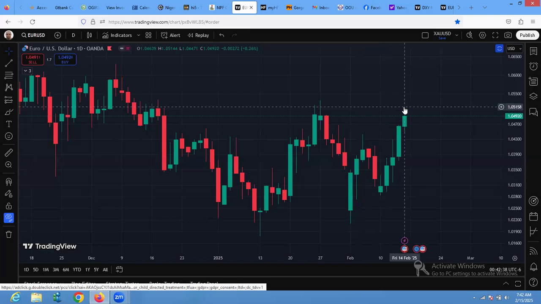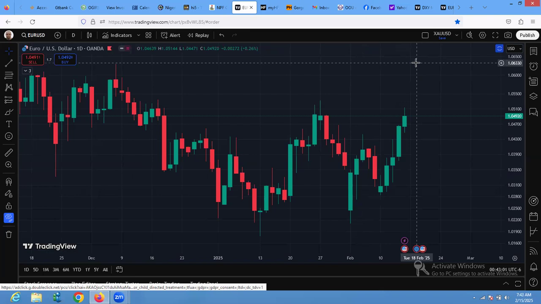Now, we may expect some reactions within this wave in itself, maybe at 100 extension of A, B, C. And once we go beyond this particular wave of a 1618 to the upside, it tells you that this is the third wave developing. So gradually we are doing that.